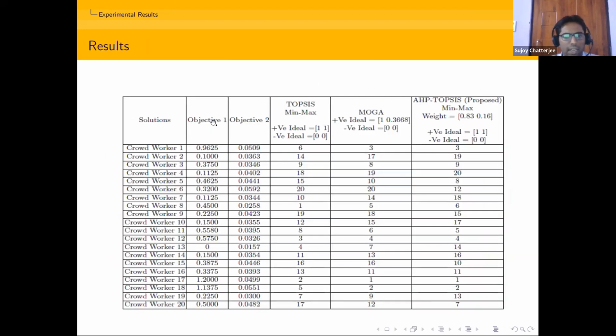Here we see the derived features. The first one is coverage, the second one is deviation from the mean. These are the 20 crowd workers' responses, and after applying the proposed solution, we got different rankings. One thing we can notice: crowd worker 13 gave a solution where coverage is 0 but deviation is also low.